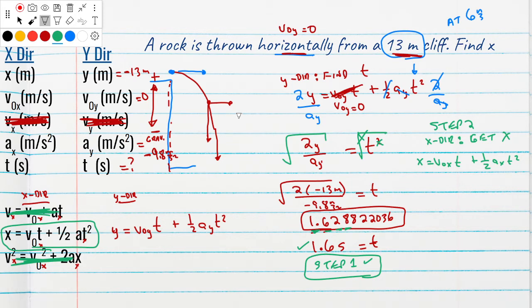What's happening in the x direction? Well, it's thrown horizontally at 6 meters per second. So it's all to the right. I've got a speed, and all that initial velocity is to the right, so that goes right here. I'm looking for the x, so that's another number that I have to deal with.